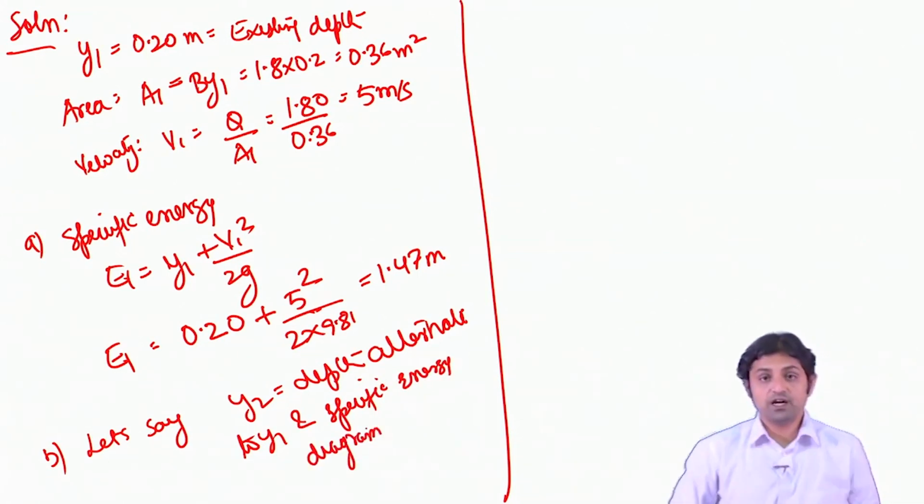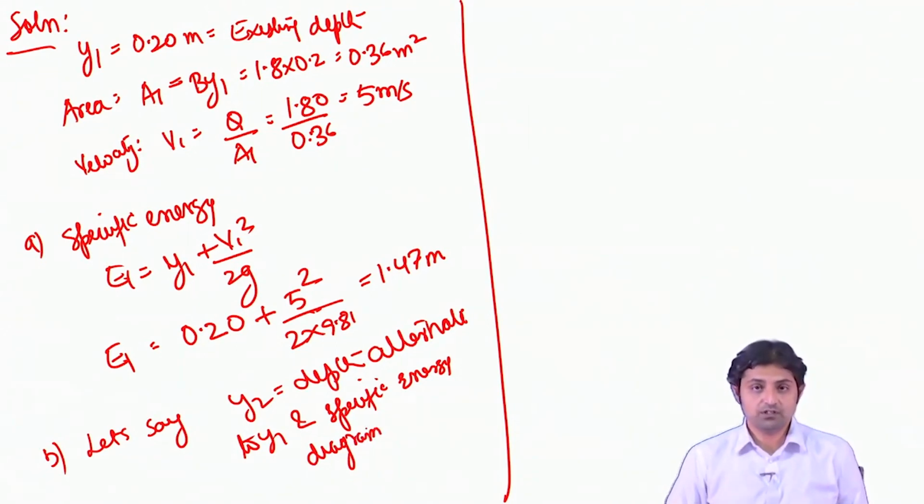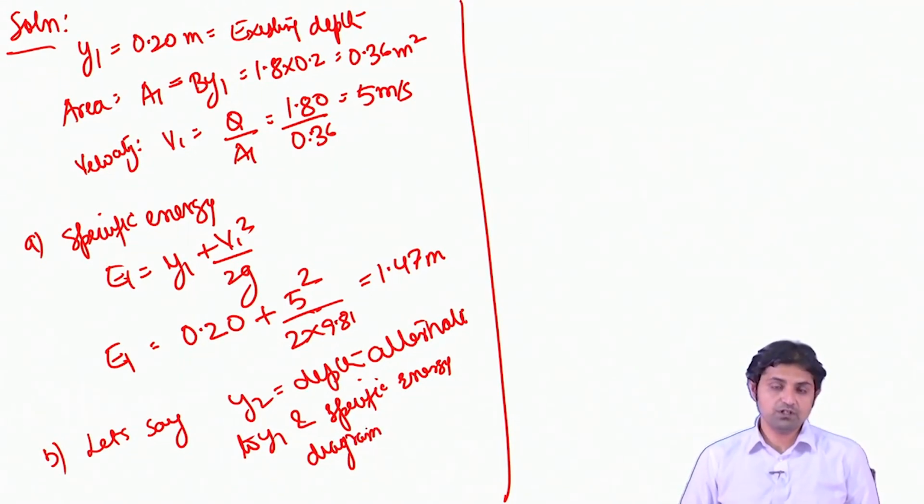I would like to remind you, when we were dealing with specific energy, we found out a cubic equation. For a particular Q, there were existing 3 values, right, of y. One was negative, which is generally neglected, and the remaining ones, y1 and y2, are called alternate depths. In this question, one is already given to us, and we are asked about the other one.